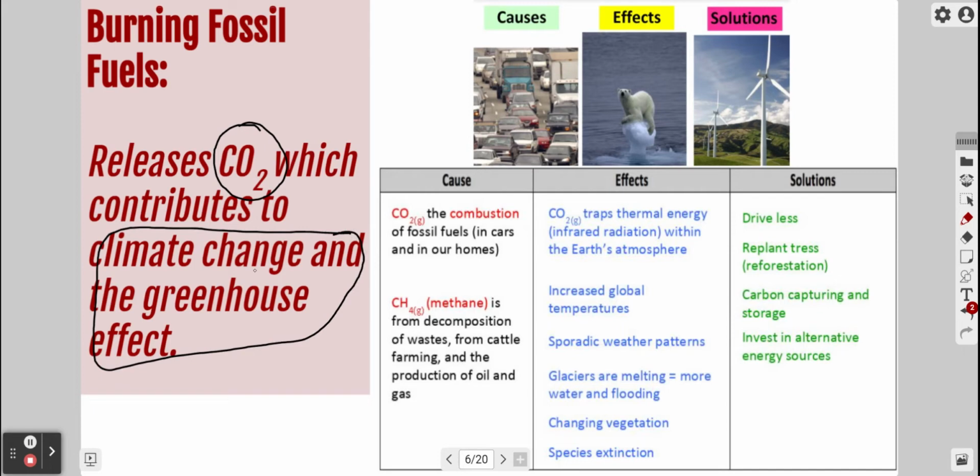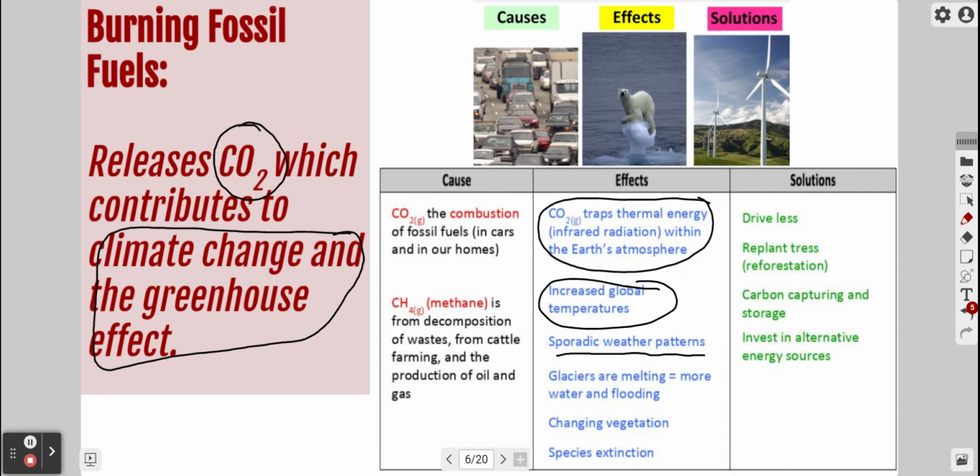So it traps thermal energy in Earth's atmosphere. The more CO2 we release, the more energy is trapped, causing increasing global temperatures, which in turn gives us sporadic weather patterns or climate change.